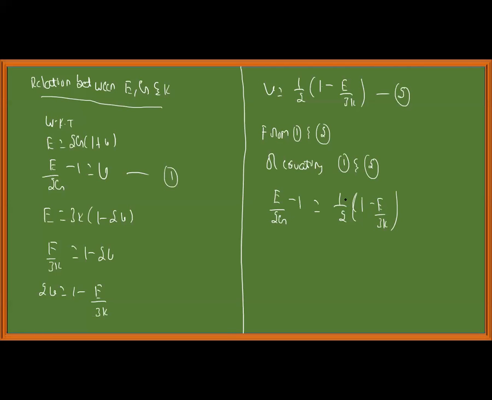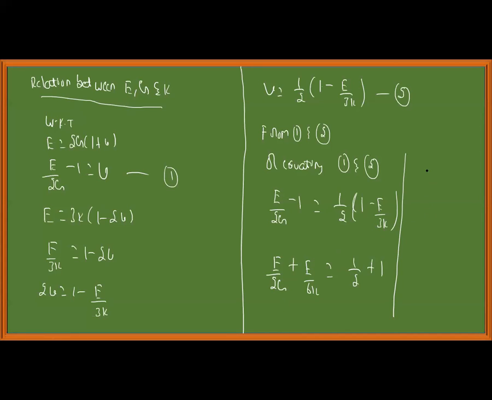Okay. Or I can write E by 2G plus E by 6K is equal to half plus half, which is 1.